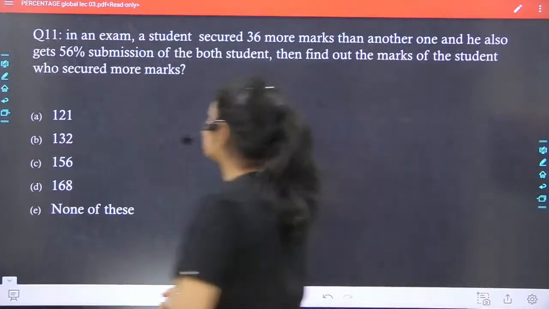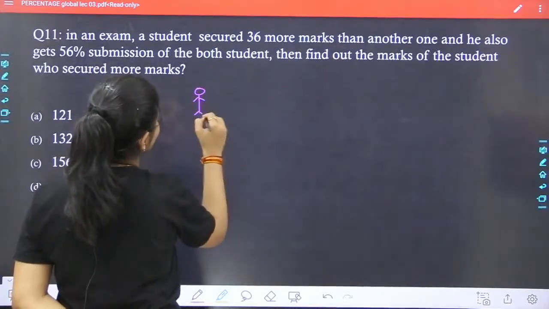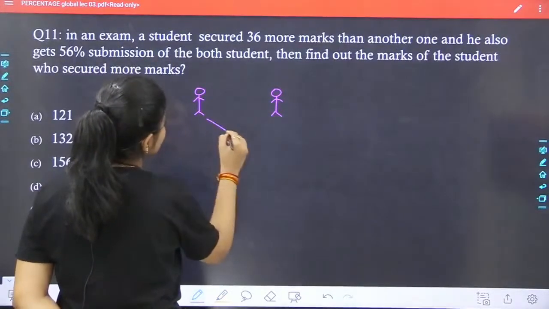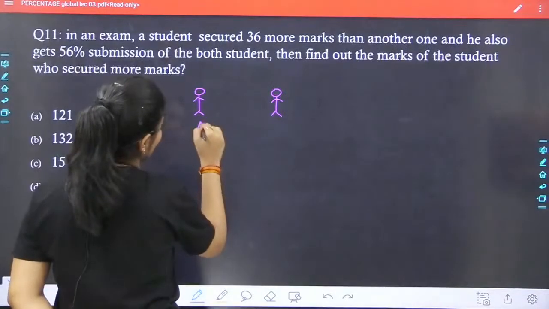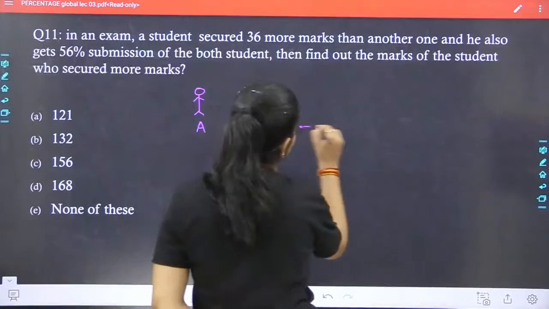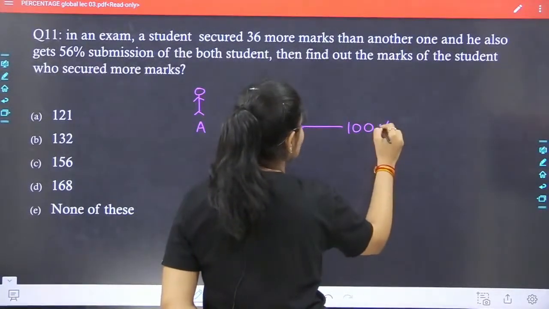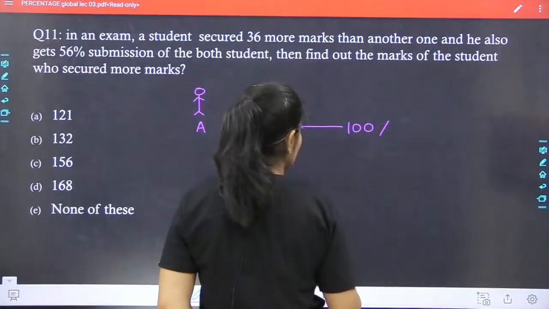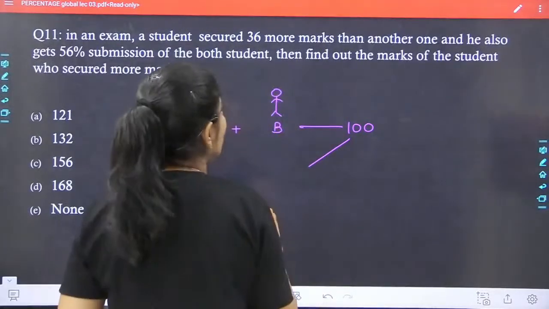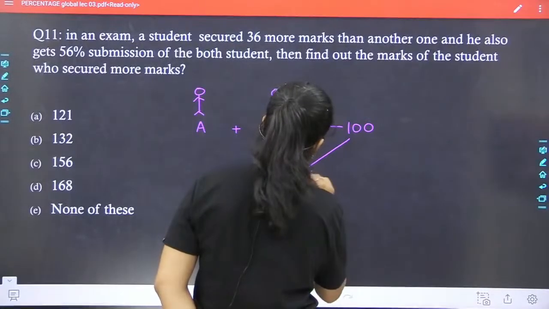Okay, let's see. Now it is given that we have two students, and let's suppose this one is A and this one is B. The sum of both of these should be equal to 100%, or I can say it is equal to 100. And the one who secured more marks gets 56% of the sum.